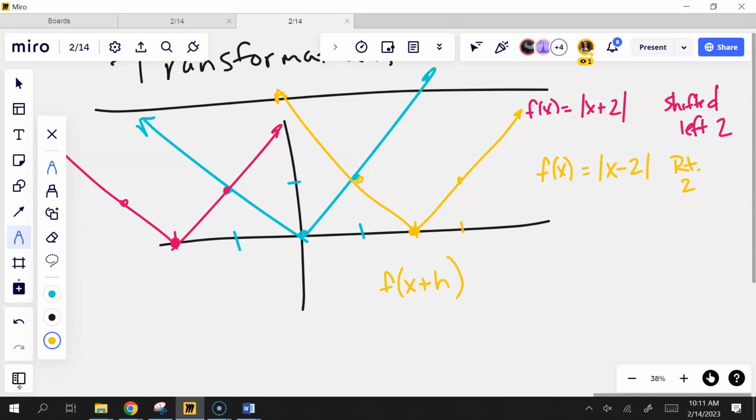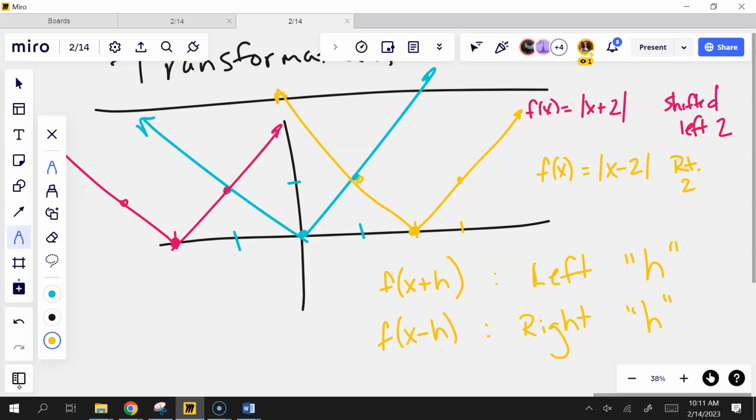This moves it to the left h, and f of x minus h moves me to the right h. Does it make sense why, if I say that?